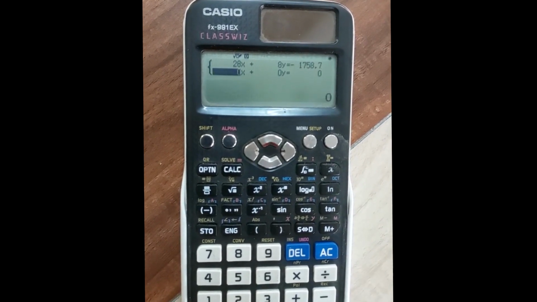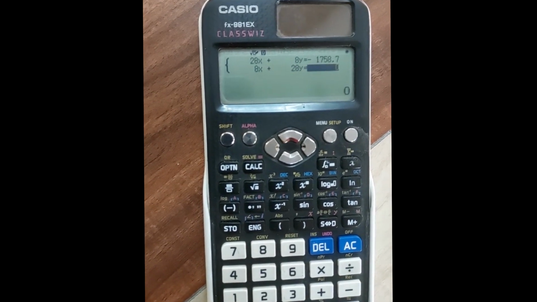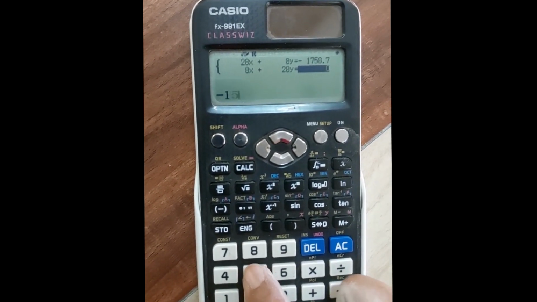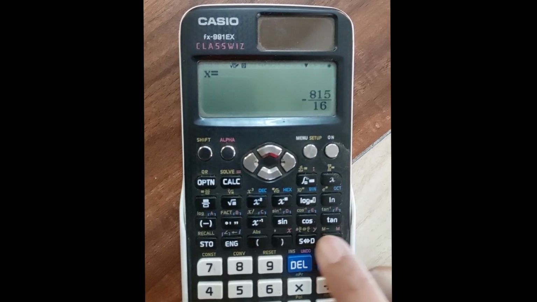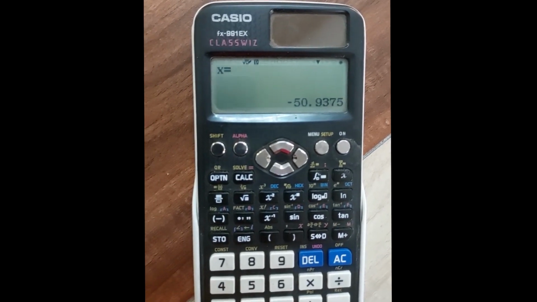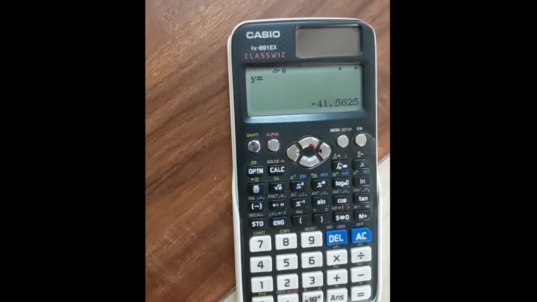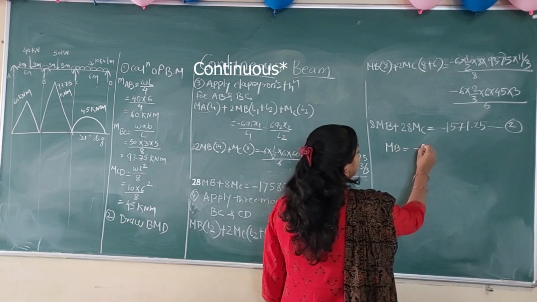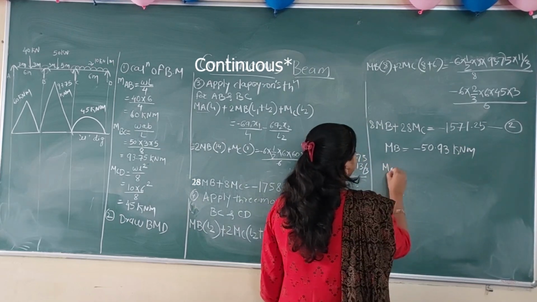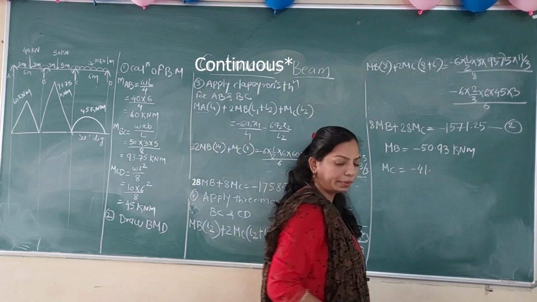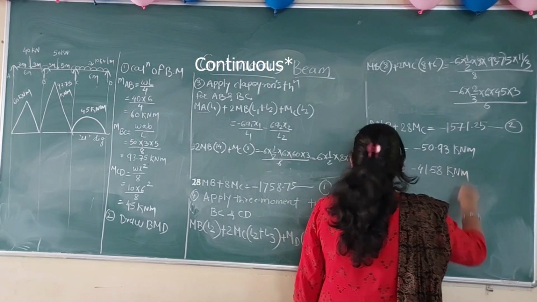The second equation is 8 MB plus 28 MC equals minus 1771.25. So we get the answer MB is minus 50.93 kilonewton meter and MC is minus 41.58 kilonewton meter.